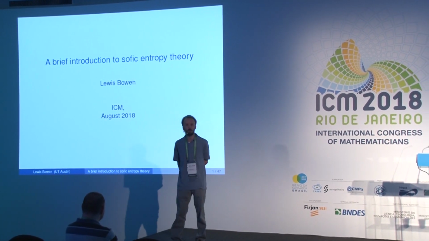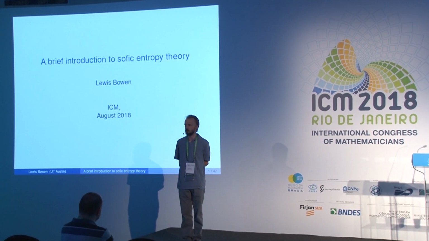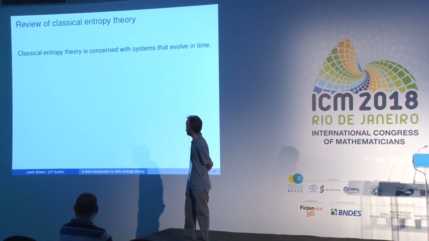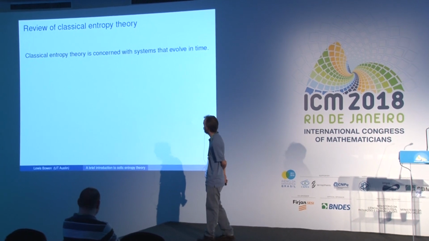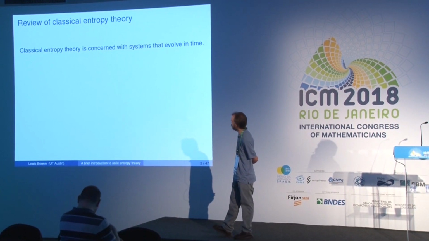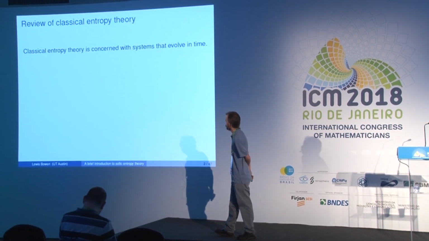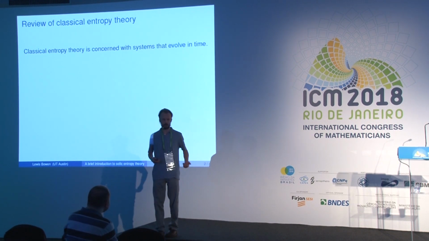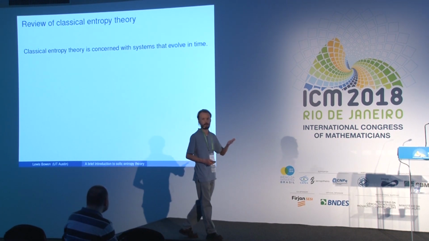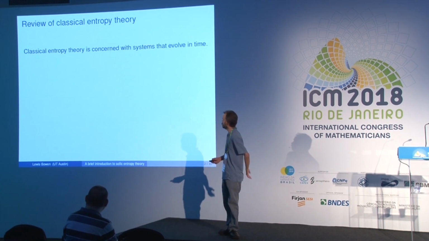So to start, I would like to start with entropy theory for actions of the integers. Actually, here's just a very brief review. Classical entropy theory is concerned with systems that evolve in time, where time is represented here by the integers.